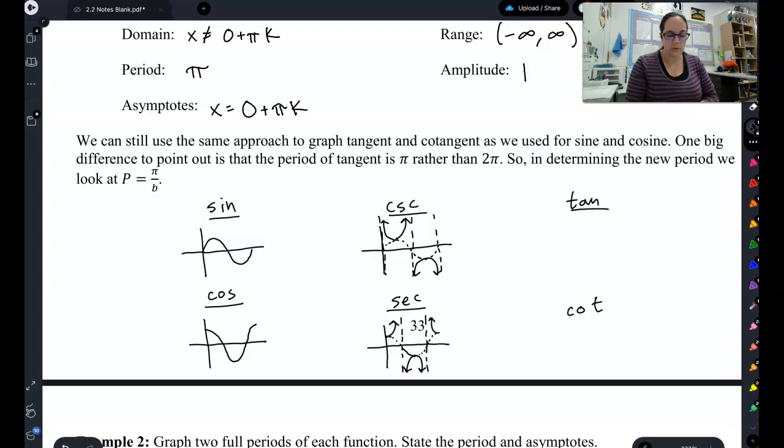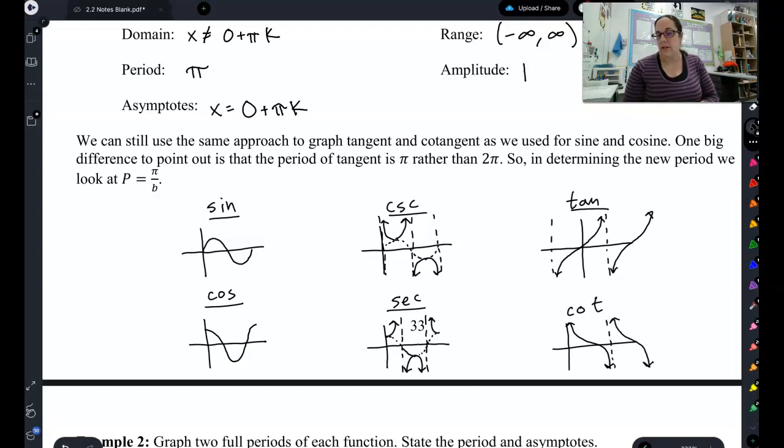With those asymptotes. And now we have just learned tangent and cotangent. The tangent graph looks like this, increasing. And the cotangent graph looks like this. It's like the tangent graph, but now it's decreasing from left to right instead of increasing.